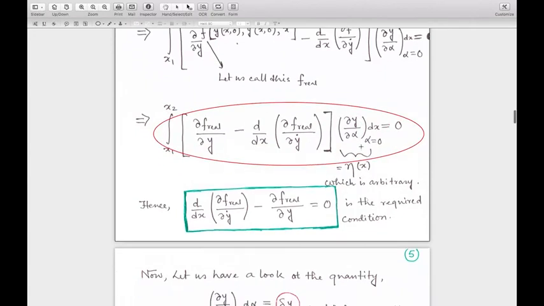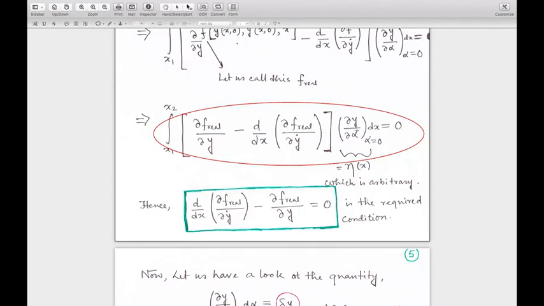Again we can say that ∂y/∂α at alpha equal to 0 is eta x. So this is nothing but eta x times dx times the whole factor, that is ∂f real/∂y minus d/dx of ∂f real/∂y dot, and this total thing integrated from x1 to x2 is equal to 0.